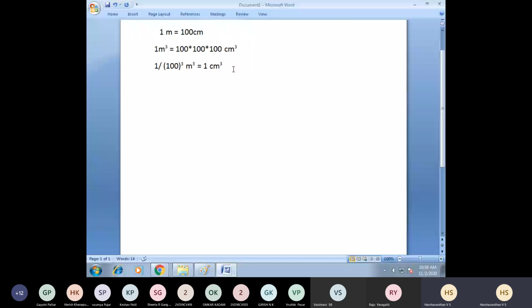Therefore, how much meter cube will be 42.4 centimeter cube? Just do the cross multiplication, you will get the answer.